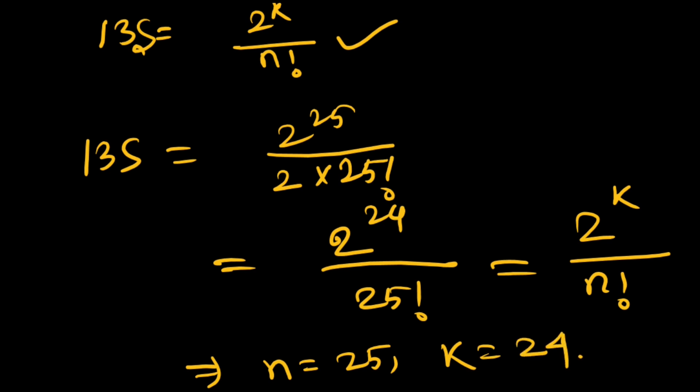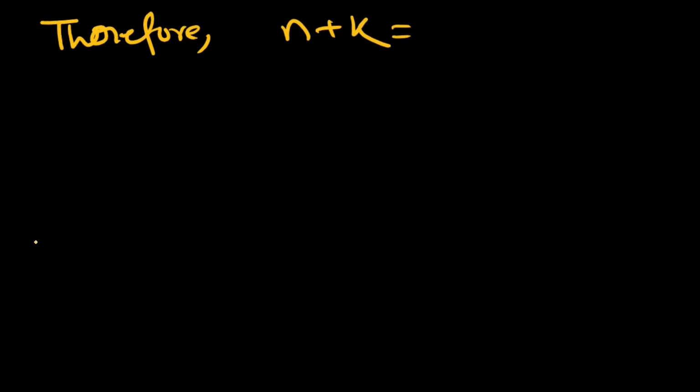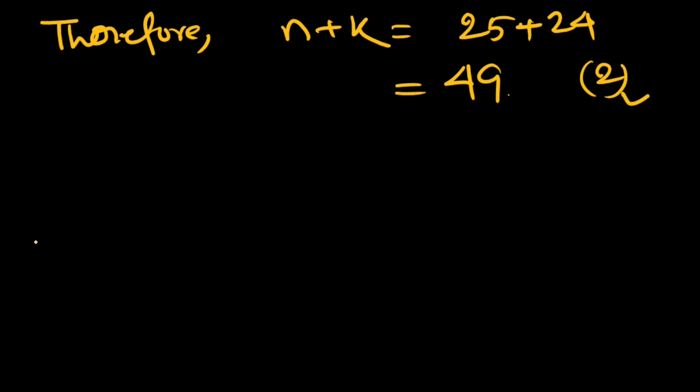The question asks for the value of n plus k. Therefore n plus k is equal to 25 plus 24, which is 49. So this is the answer. Among the options, option 2 is 49, so option 2 is correct.